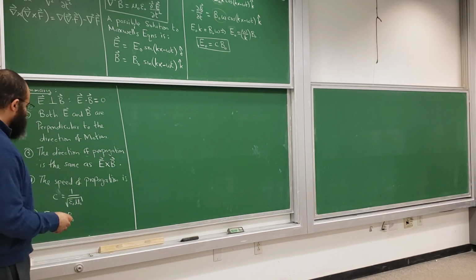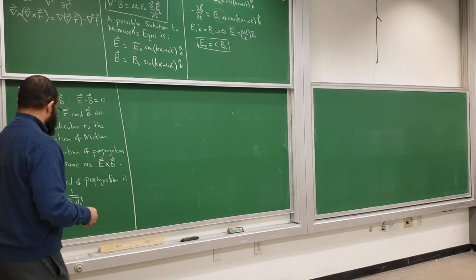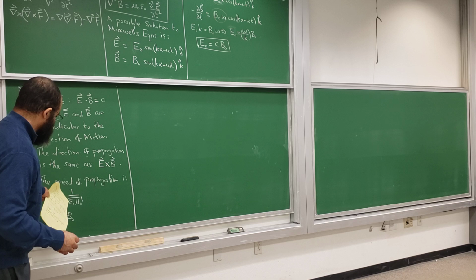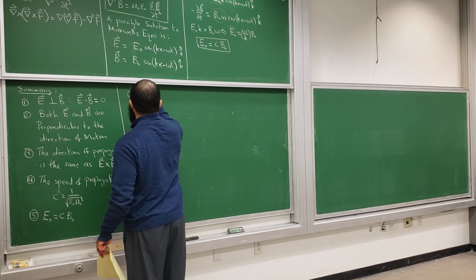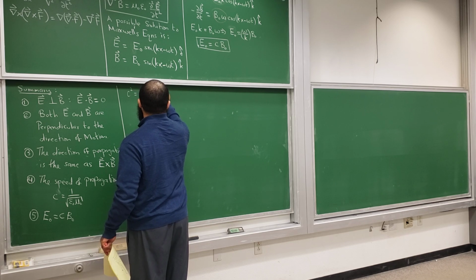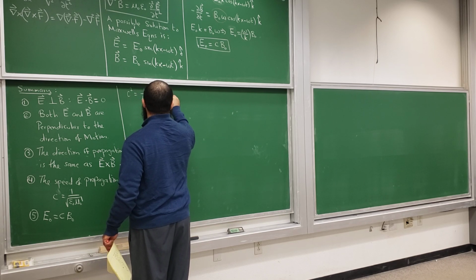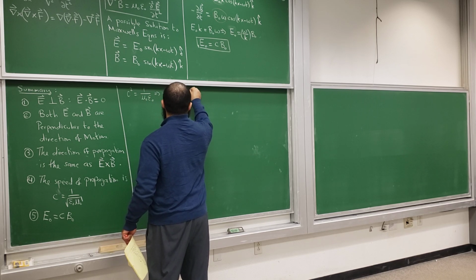Let me show you, there's a little bit of algebra I want to get ready. So c is equal to 1 over the square root of epsilon naught mu naught. That means c squared is 1 over mu naught epsilon naught, right? Which means 1 over mu naught is equal to epsilon naught c squared.